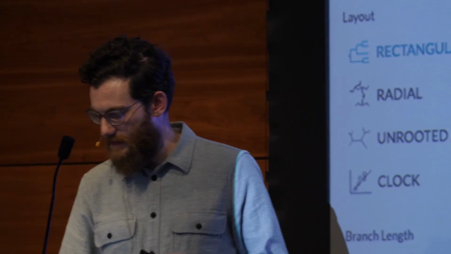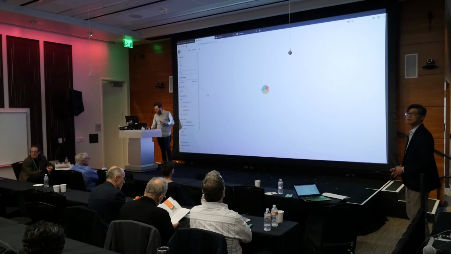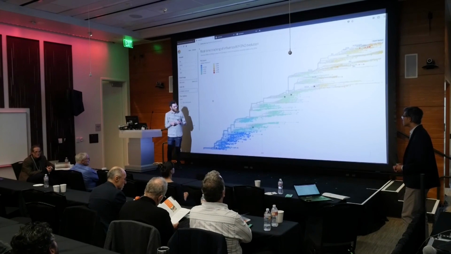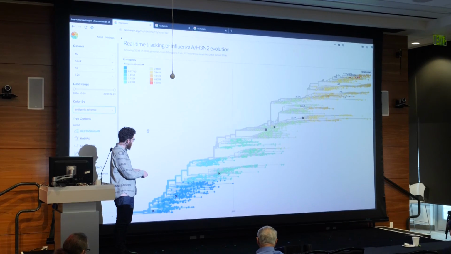What that manifests as generally is these trees, colored by antigenic advancement. This shows how different a virus is in terms of the immune system. As we go from blue to green, you can see that the derived viruses really take off and do well.